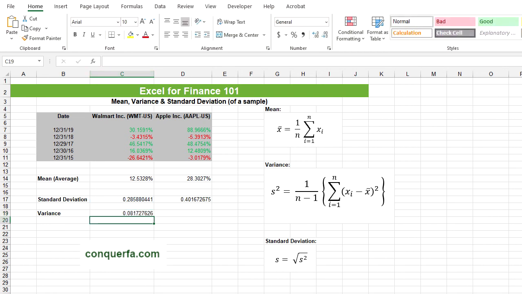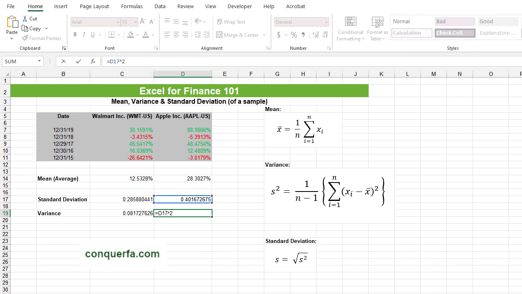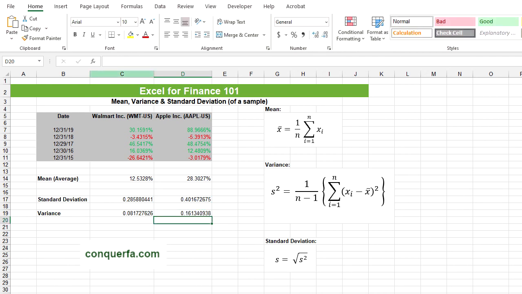Press enter. That's going to compute our variance for Walmart, and we can just drag that across to the other side, and that's going to copy the formula over to the D column. It's going to update it and refer to our D17, which is our Apple standard deviation, and then again it's just squaring that and pressing enter. And so we have our variances of 0.08 and 0.16.